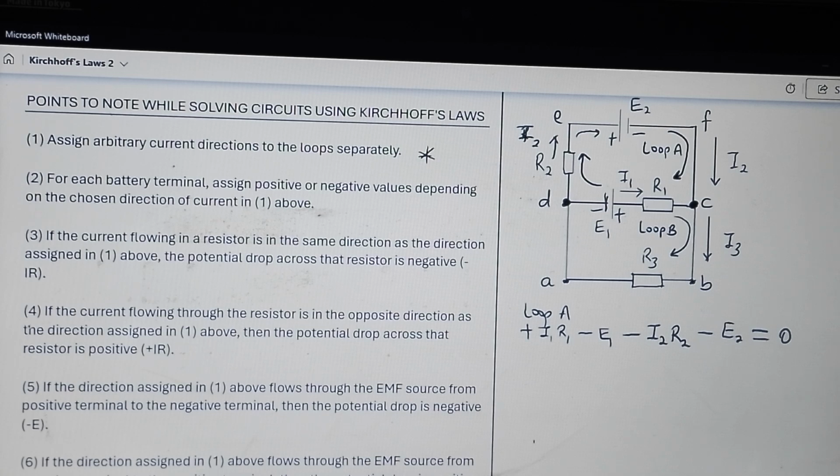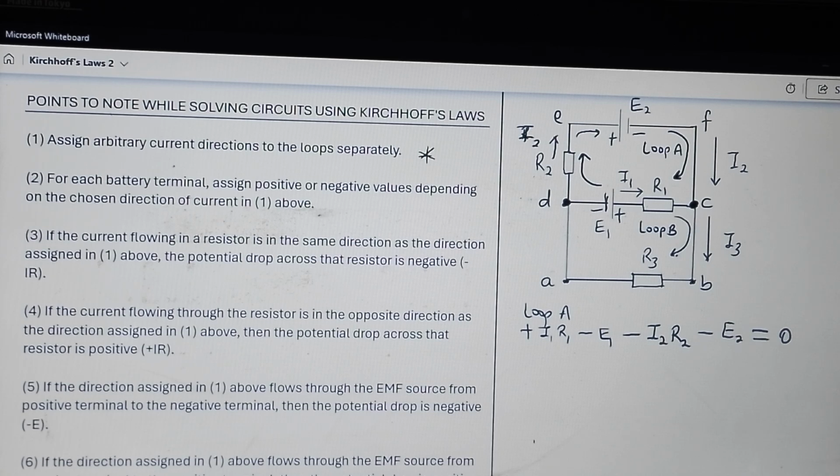Remember here in point 3 we said if the current flowing through the resistor is in the opposite direction as assigned in 1 above, the potential drop is positive. But if the current flowing in that resistor is moving in the same direction that we chose in 1 above, then the potential drop will be negative. So coming back to this loop B, we'll start from here.